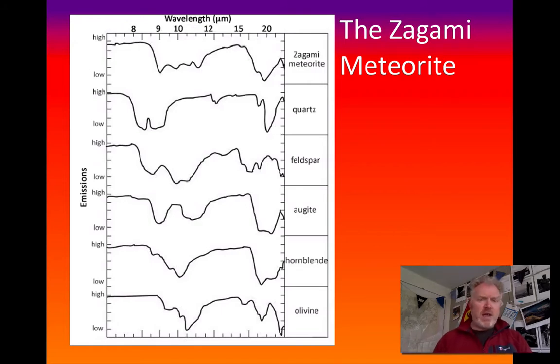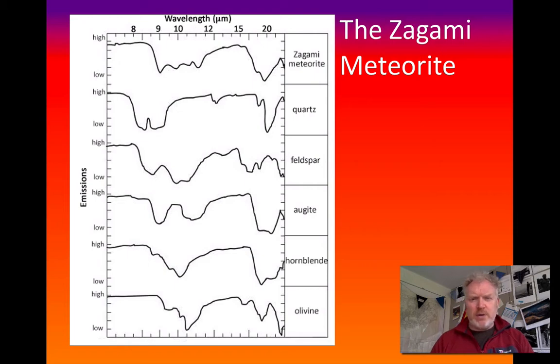You have this graph on page 18 of your Theme 2 booklets. What I'd like you to do is compare the emissions from the Zagami meteorite, which you can see is the top curve, with some of these common minerals that we can find in, well, most rocks.